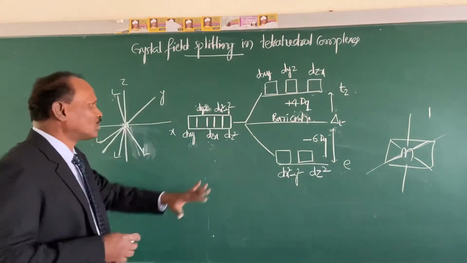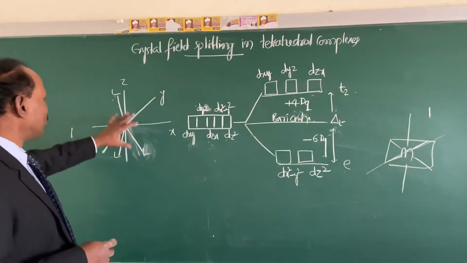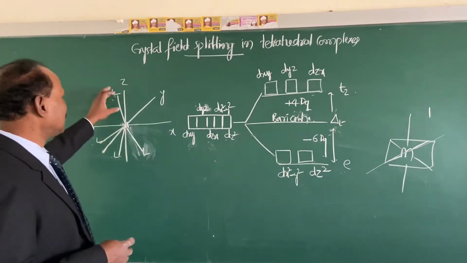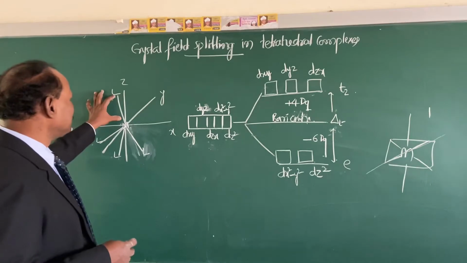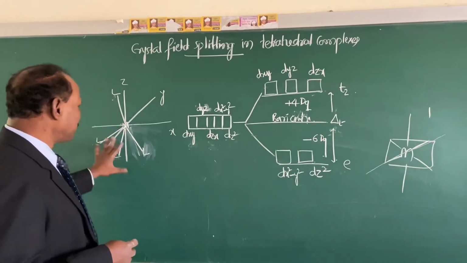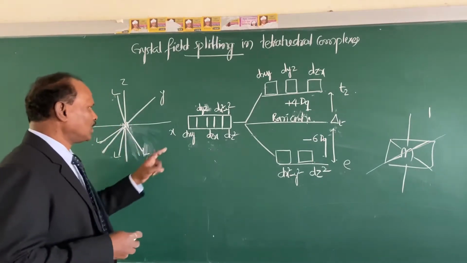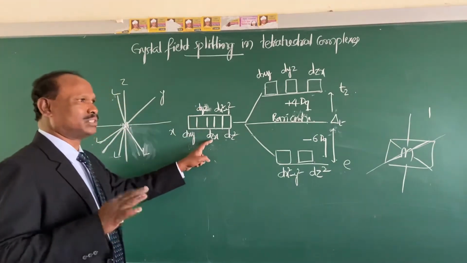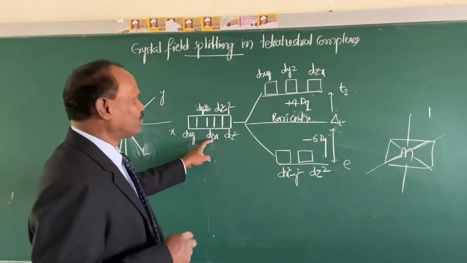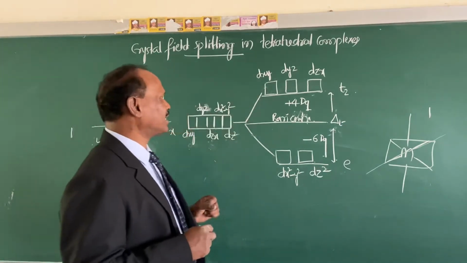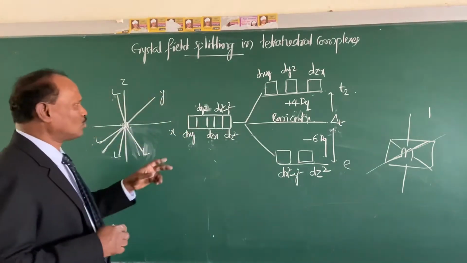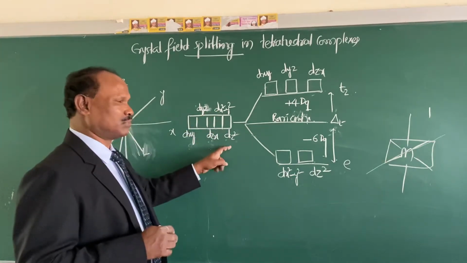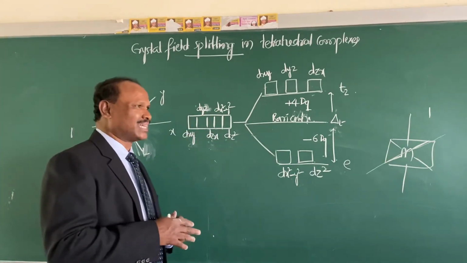So I repeat this once again. When you look at this tetrahedral geometry, what are you noticing? The ligands are approaching the central metal ion between the axes. So therefore, the dxy, dyz, dzx orbitals of the central metal ion, which are there between the axes, suffer maximum repulsion and hence they are raised in energy. Whereas the two other orbitals, dx square minus y square and dz square, are there along the axis.